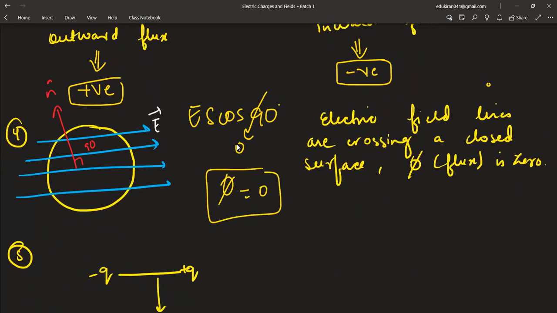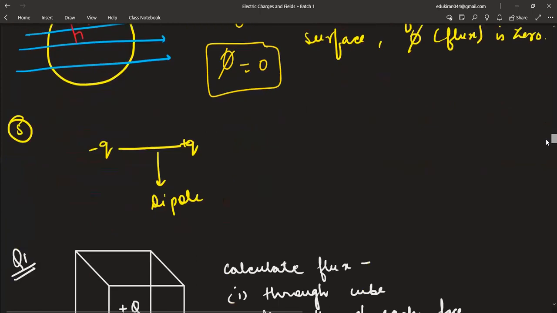So one point is that if electric field is not crossing this portion, then we'll say electric flux is straight away 0, right? But if you have to show it mathematically, you can show by cos 90 degree. The angle formed here is 90 degree and cos 90 degree is 0.